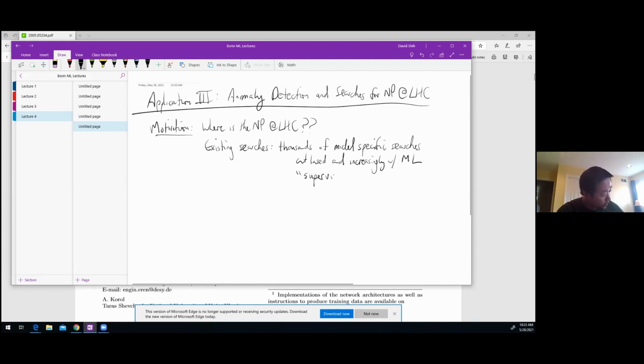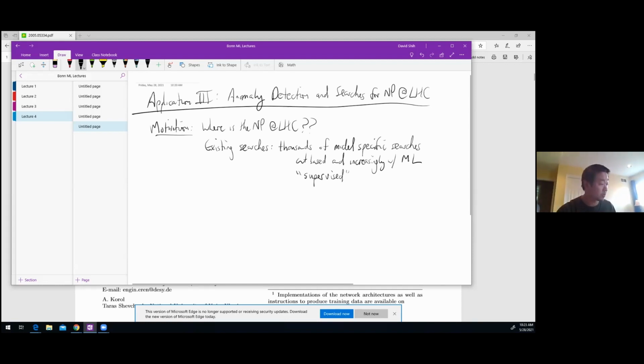category of supervised. That is, we know what we're looking for, something specific. We think we know what we're looking for, and we're optimizing our search usually with simulations of that signal and also simulations of the background. So whether cut-based or ML-based, we're training our search strategy with truth labels.